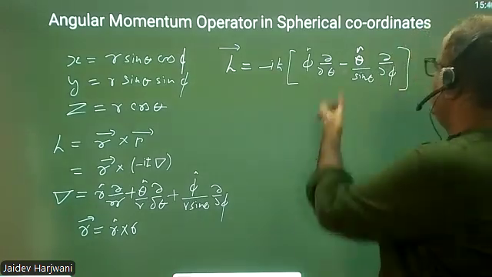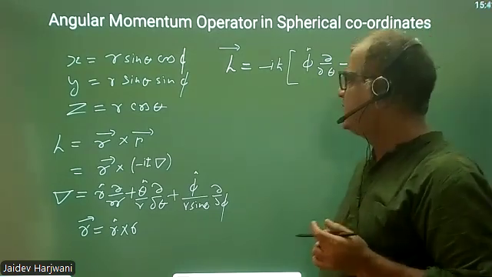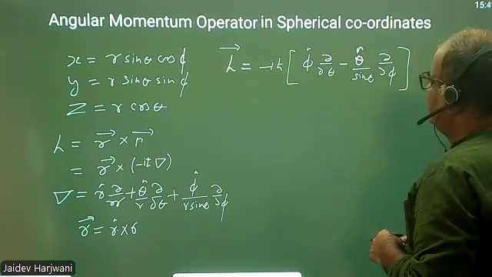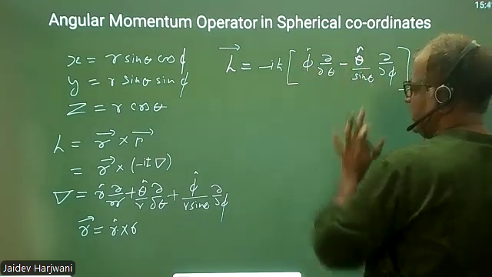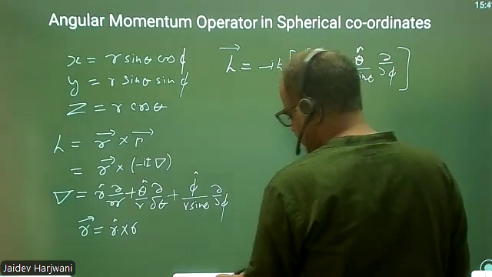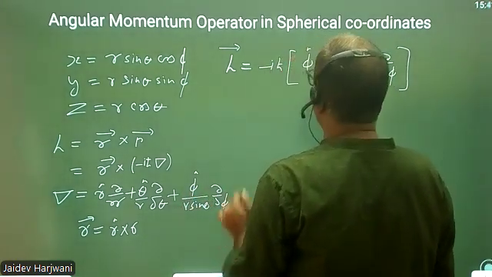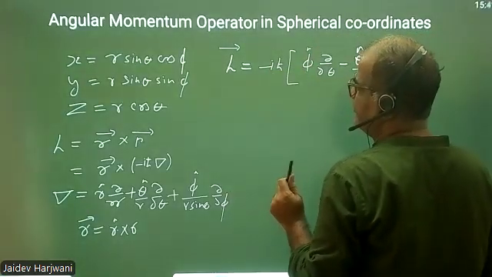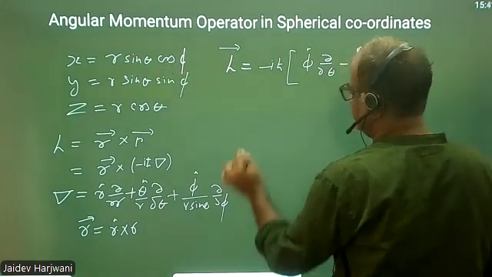Here you see r is not present. Now I want to write the components of L: Lx, Ly, and Lz. For that, I need to express φ̂ and θ̂ in terms of i, j, k. Let us proceed to the transformation of these unit vectors in terms of i, j, k.